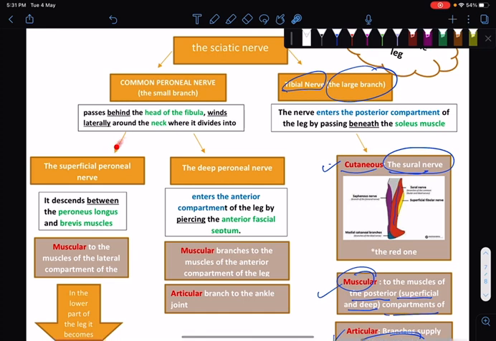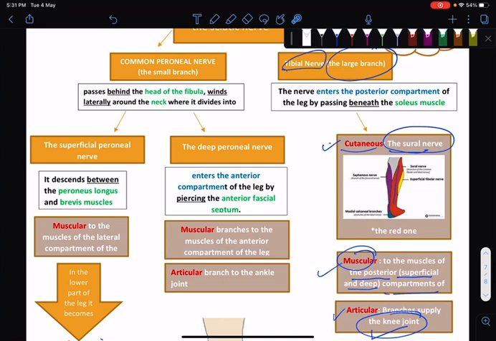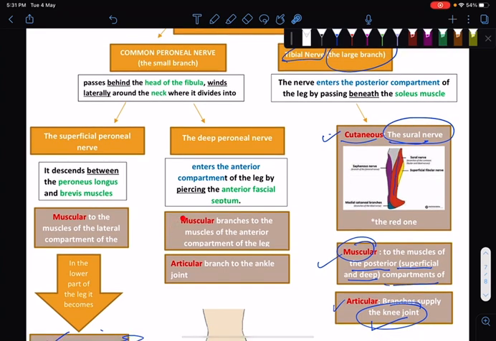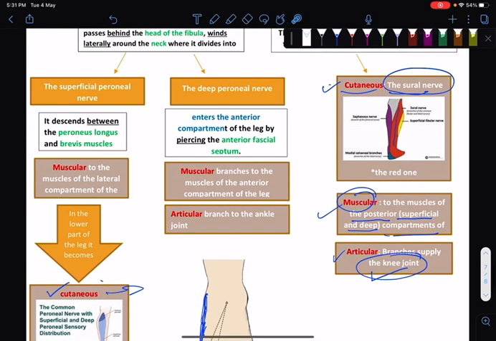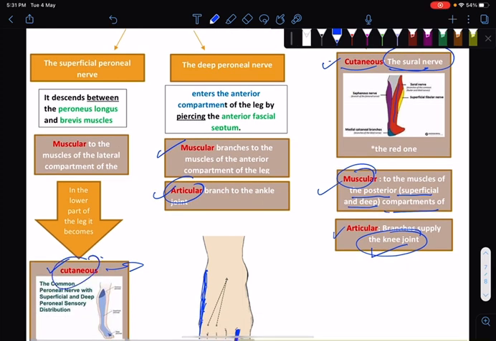So بعطينا superficial peroneal nerve and deep peroneal nerve. Deep peroneal nerve وإحنا سمعنا فيهم أيضا، بعطونا muscular وبعطونا articular. Superficial بعطينا muscular وبعطينا cutaneous. So هذولا بتميزوا اثنين عن بعض: هذا بيتميز انه عنده articular، وهذا بيتميز انه عنده cutaneous بس ما عنده articular.